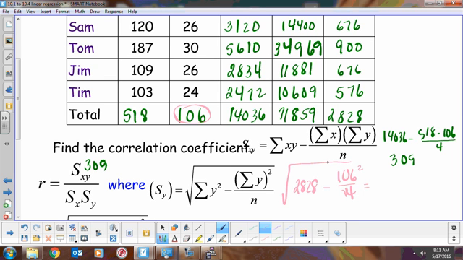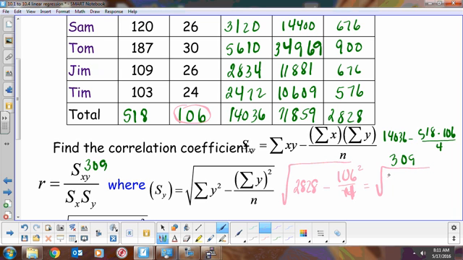Have you square rooted it? Yes. Okay, tell me what's under the root. Okay, and what is that? In a fraction form. Yeah. That way we won't have rounding error.